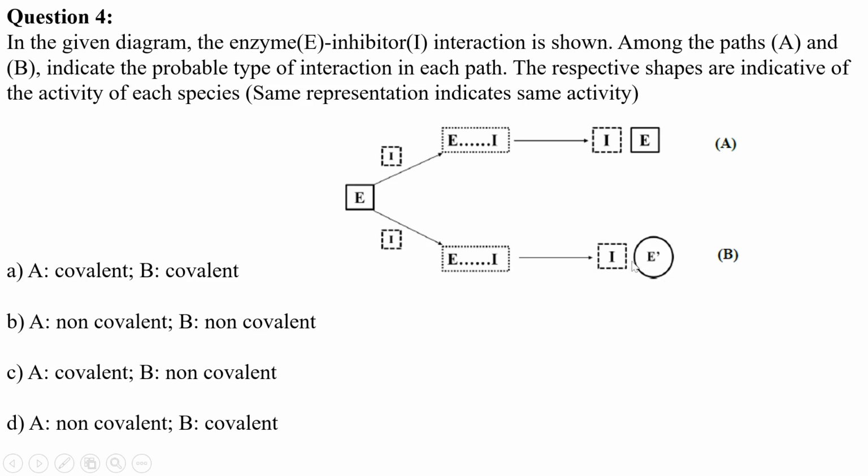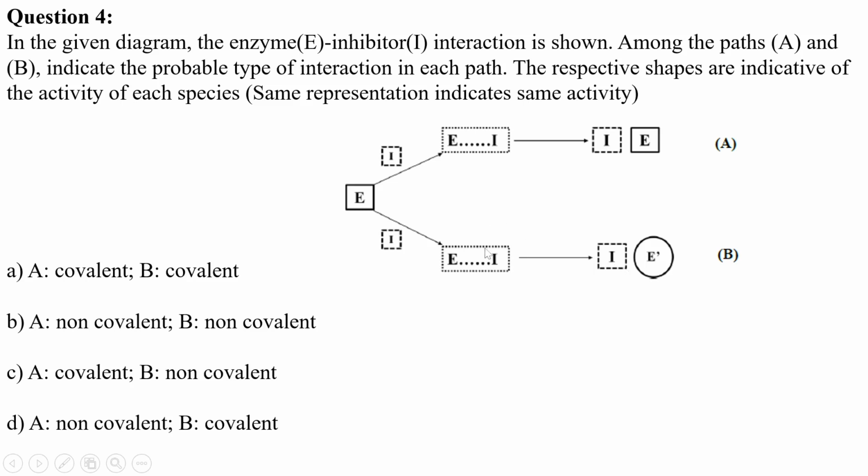Now the shape represents the activity. That means the enzyme's activity has now changed. Initially the enzyme is represented inside a square. If they have represented the square at the end of the process also, that means the activity is the same. Otherwise, the activity has changed. As you can see, in case of path B, the activity of the enzyme has changed.